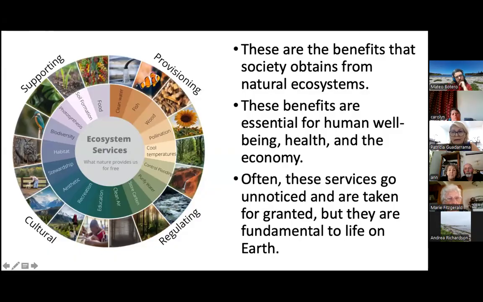These are the benefits that society obtains from natural ecosystems. These benefits are essential for human health and the economy. Often these services go unnoticed and are taken for granted, but they are fundamental to life on Earth.